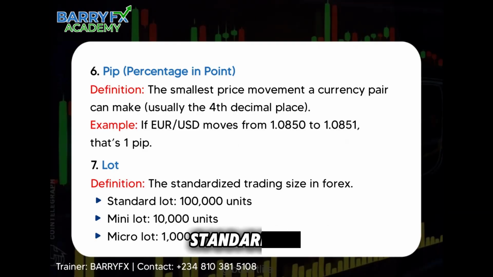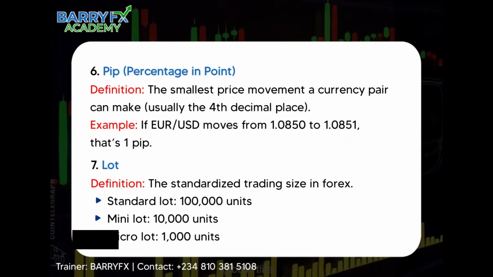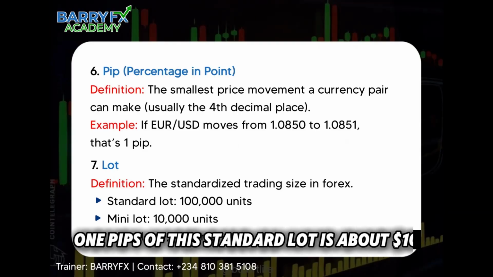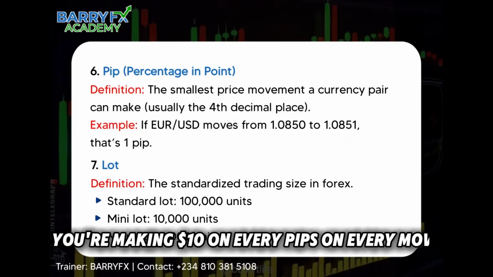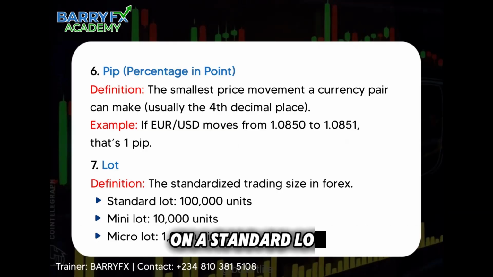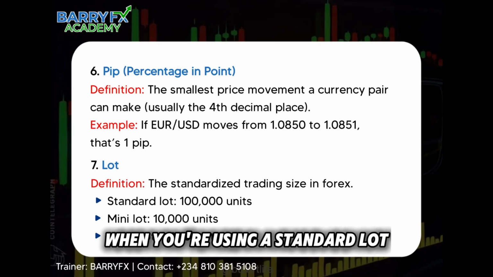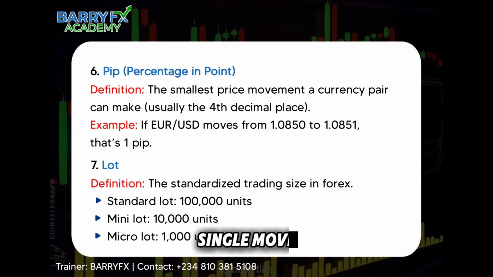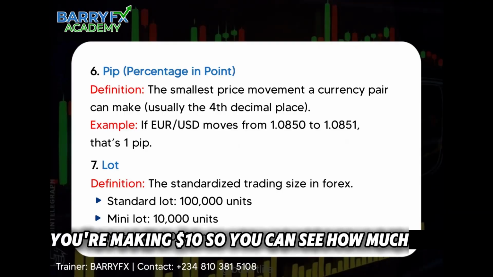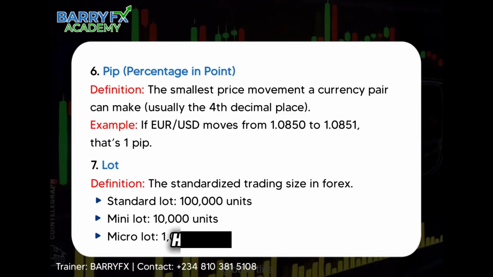So if you're using the standard lot, 1 pip of this standard lot is about $10. You're making $10 on every pip, on every single move. So you can see how much it is, how fast it is.